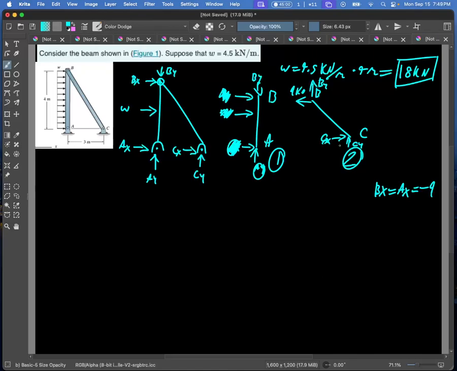All right. We know that CX has to be the opposite of this, and that's +9. So CX equals BX equals AX equals -9. We don't know anything about some of the forces in the y, though.